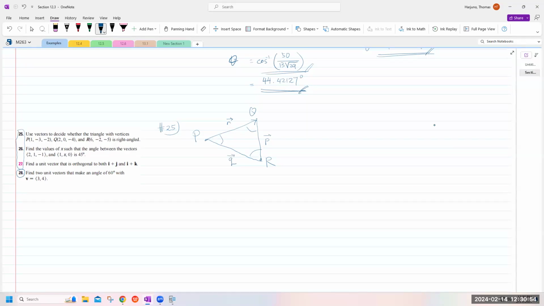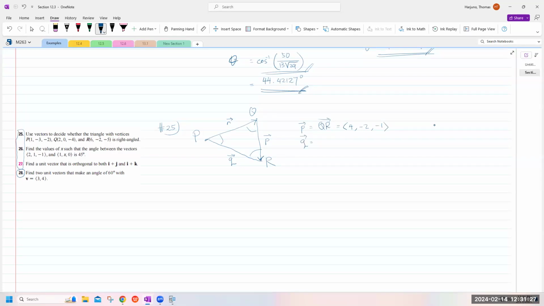Now, what is vector P? Vector P, that's QR, right? That's QR, which means coordinate of R minus coordinate of Q, R minus Q, which is -2, -1.